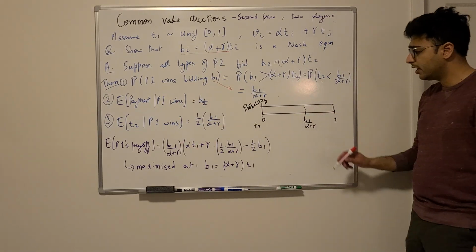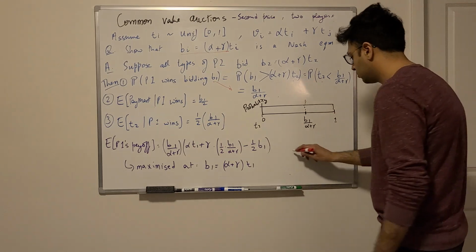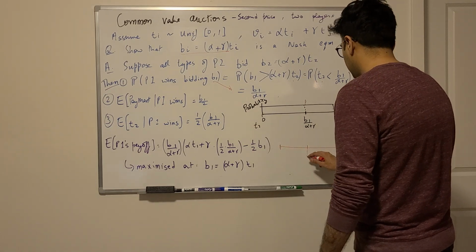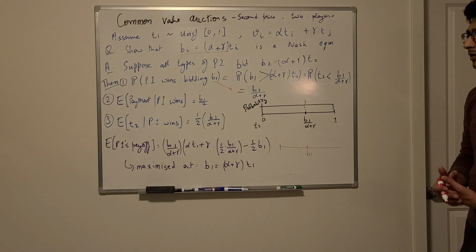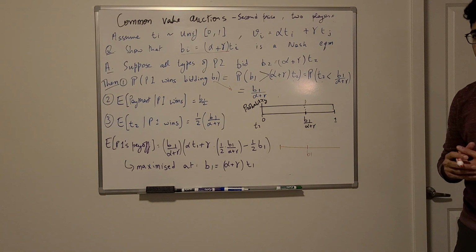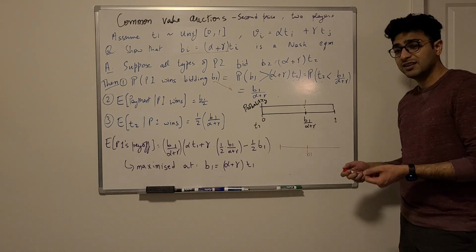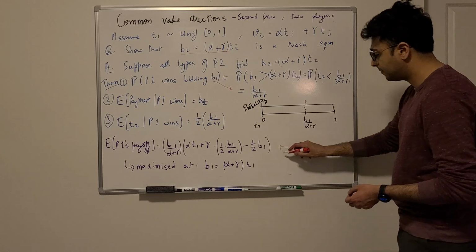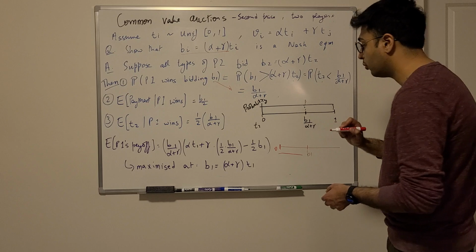So if player 1 wins by bidding B1, then the expected value that player 1 has to pay will be player 2's bid, given that player 1 won, which means that B2 is somewhere between 0 and B1.